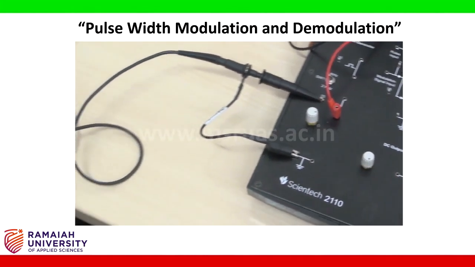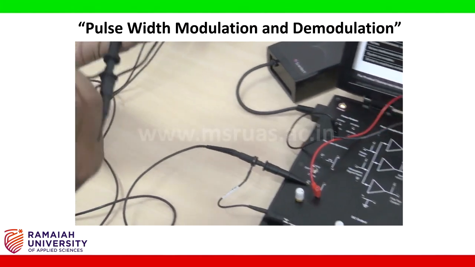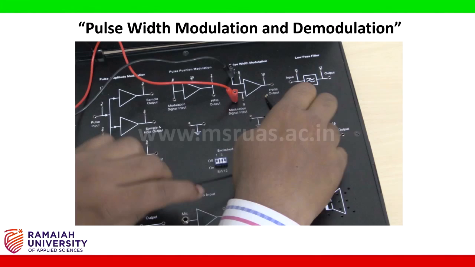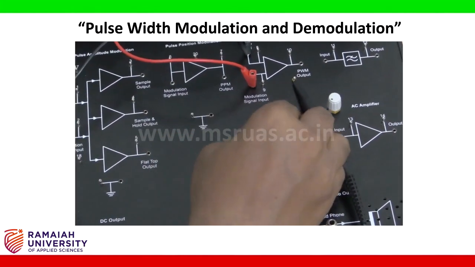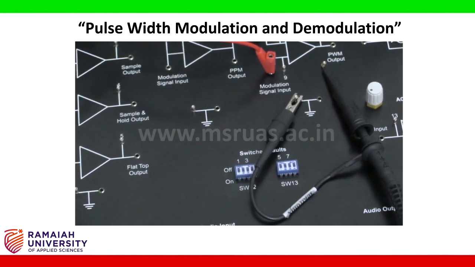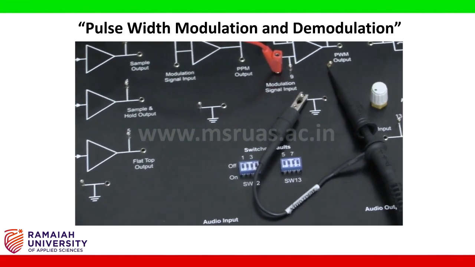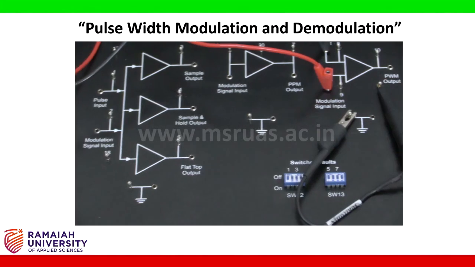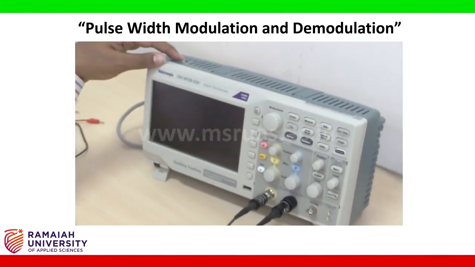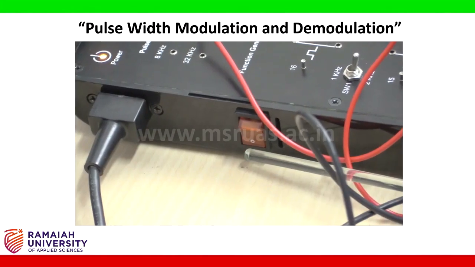And channel 2 is connected to the output of the pulse width modulation, and negative is connected to the ground. Now connections are over. Let us switch on the oscilloscope and the Syntec board.